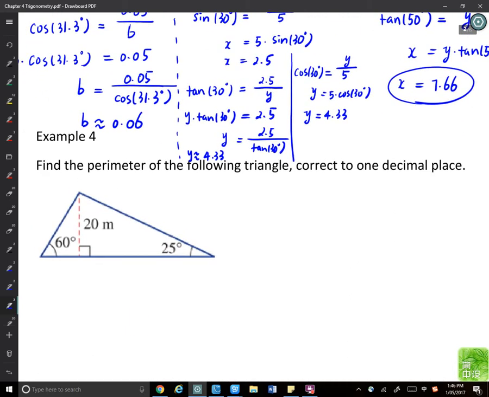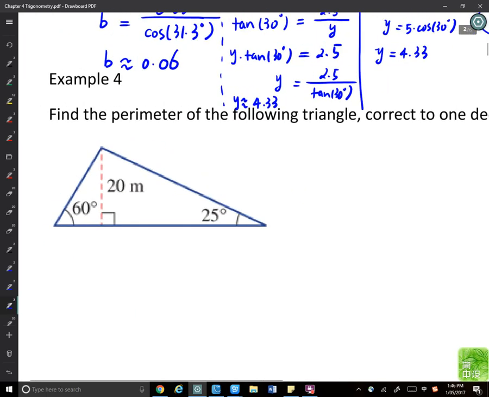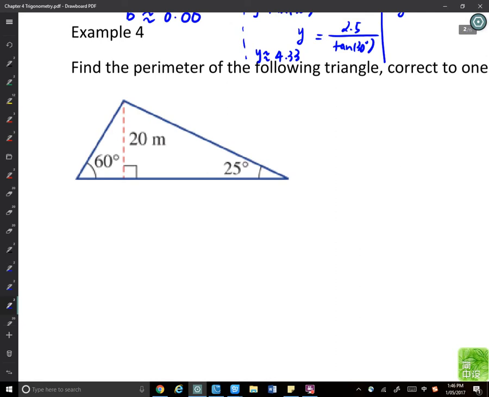Okay, example 4. Example 4 is asking you to find the perimeter of the following triangles, correct to 1 decimal place. If you want to know the perimeter, you need to know all the lengths.